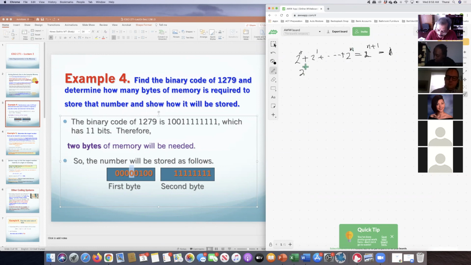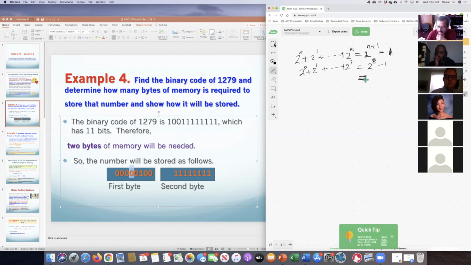So for 1 byte of memory, the largest number that fits in 1 byte has a decimal equivalent which is equal to 2 to the 0 plus all the way to 2 to the 7. And that will be equal to, according to the formula, 2 to the power 8 minus 1. 2 to the power 8, you can calculate in your calculator.